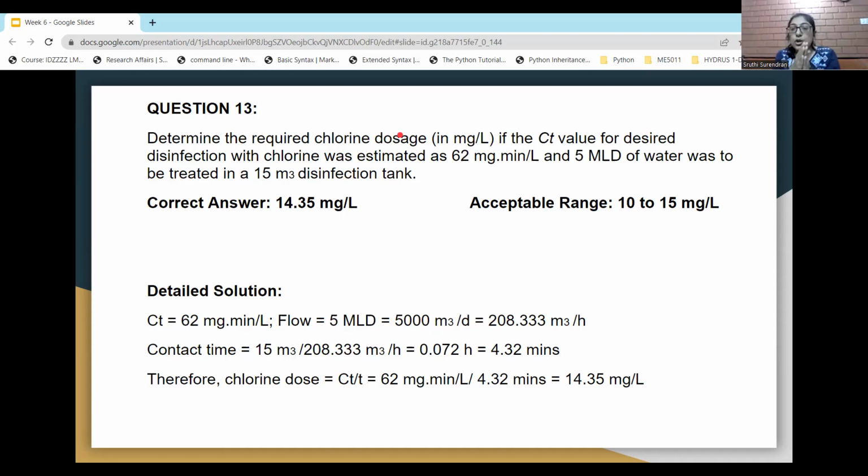Chlorine dosage is the amount of chlorine that is required to do effective disinfection of water. Disinfection of water does not just mean killing the microorganisms, but it is also necessary that a certain amount of residual chlorine remains in water for future disinfection.